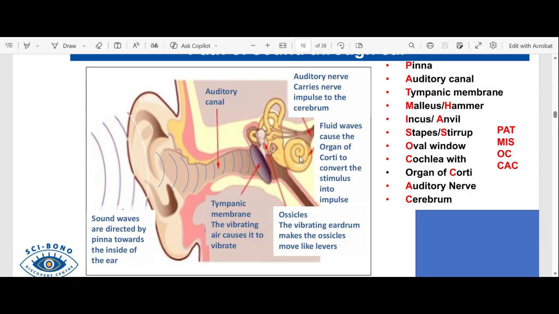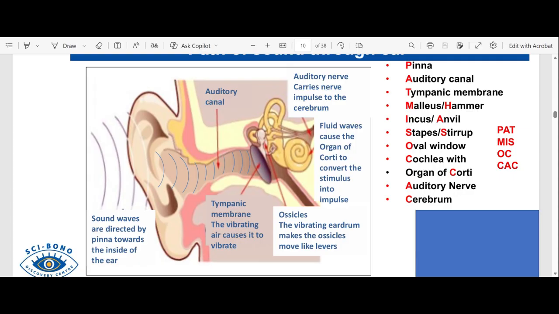Then it will take the sound stimulus and convert it into an impulse. The stimulus is the change, which is the sound being converted to an impulse. What is an impulse? An impulse is an electrical message. After the stimulus is converted into an impulse, it will be transmitted by the auditory nerve to the cerebrum, or to the brain.